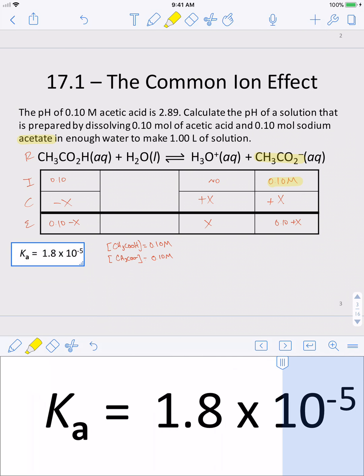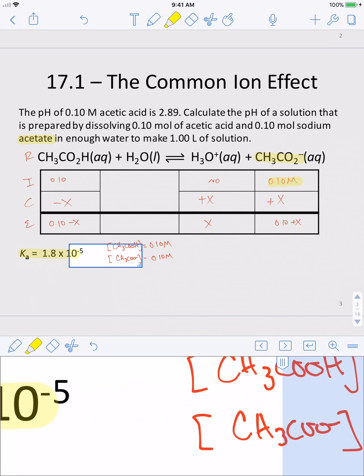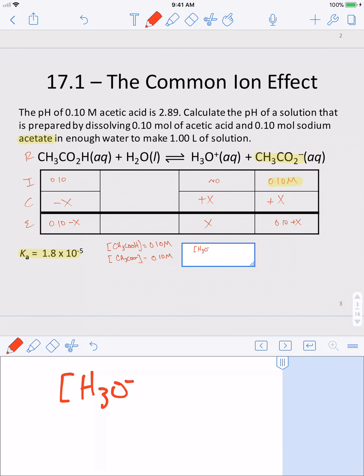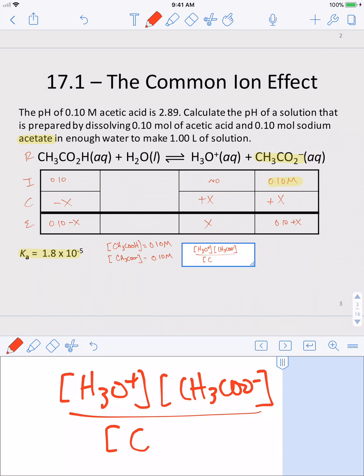Okay, so now we are given a Ka for this acid, and so we set up our equilibria expression, which is Ka is equal to concentration of products, H3O plus, CH3COO minus acetate over concentration of CH3COOH acetic acid. Okay, we go to my Rice table and we put in our values.